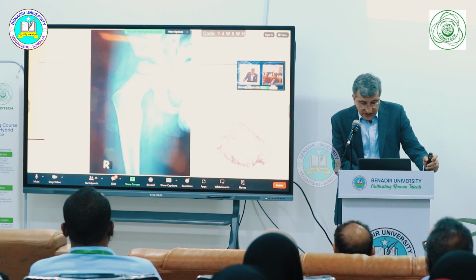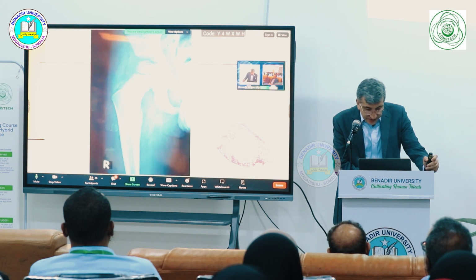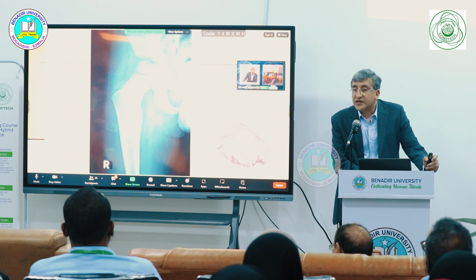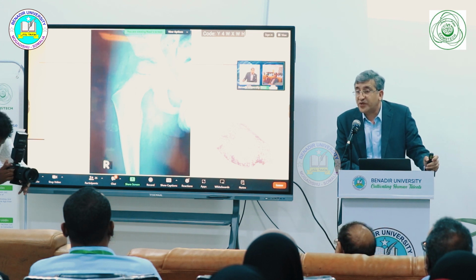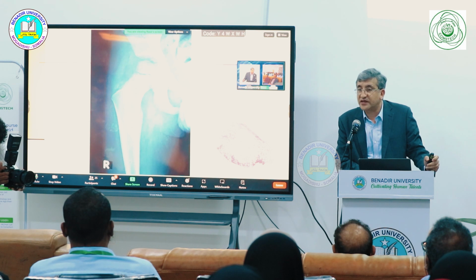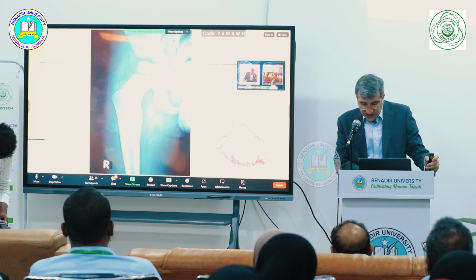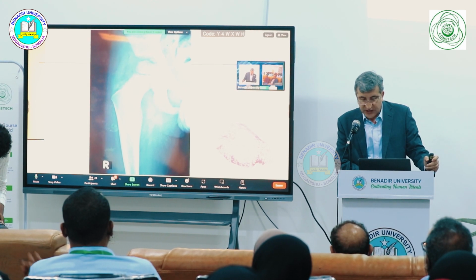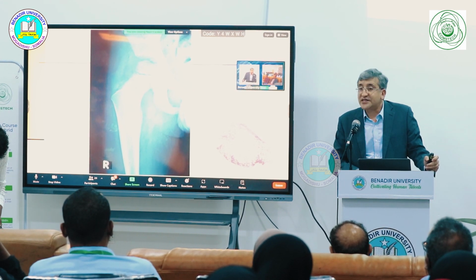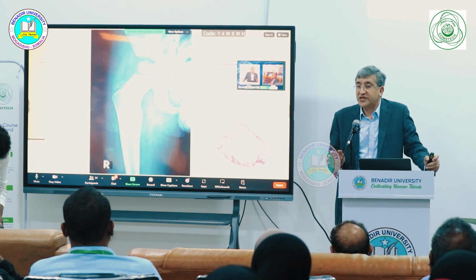This is femur bone where you see a small tumor. This is osteoid osteoma, which is a painful tumor, and pain is relieved by taking NSAIDs, and the pain is at night. This is the cross section of the tumor, very small tumor. This is not the true periosteal reaction.